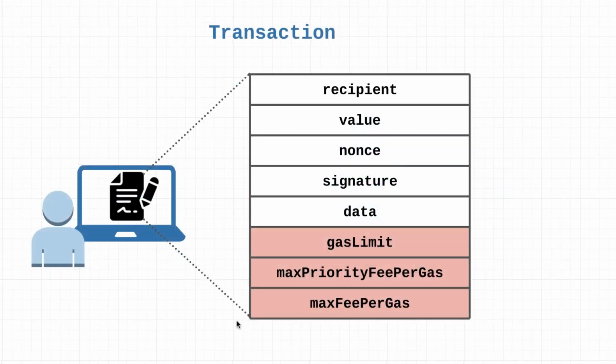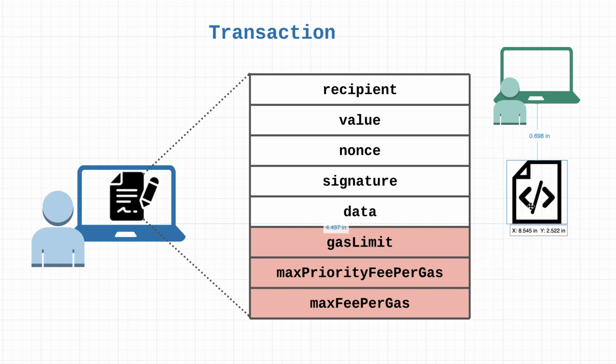All right, so now that we have a basic understanding of what a transaction is and what they're used for, let's dive in even deeper and take a look at some of the fields that are included in these transactions. The first thing that we're familiar with is the recipient of the transaction. The recipient of a transaction can either be another EOA, which you can just think of as an individual, a human, or, as we said, a smart contract.